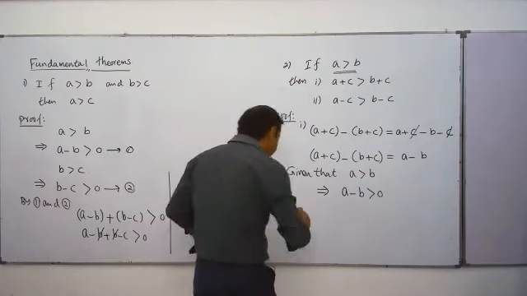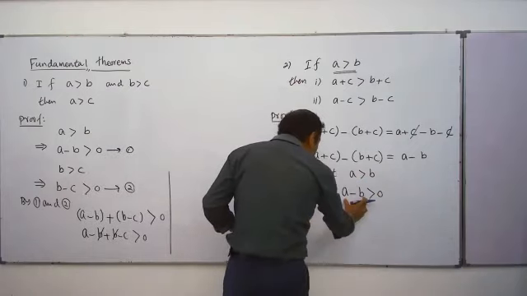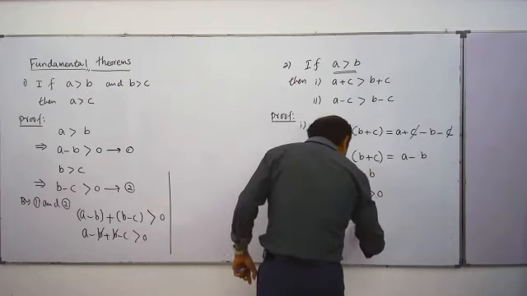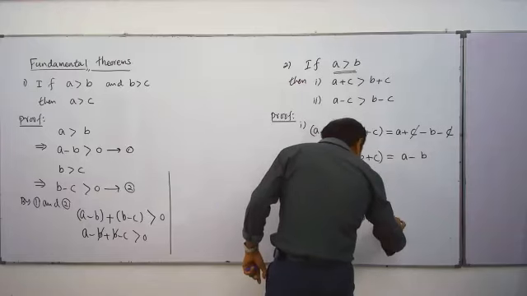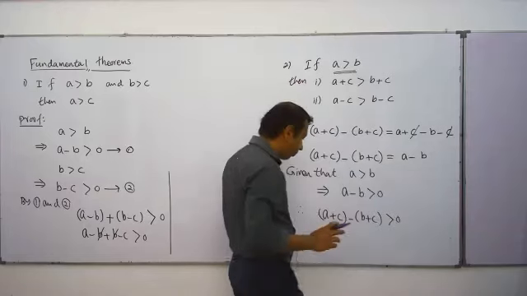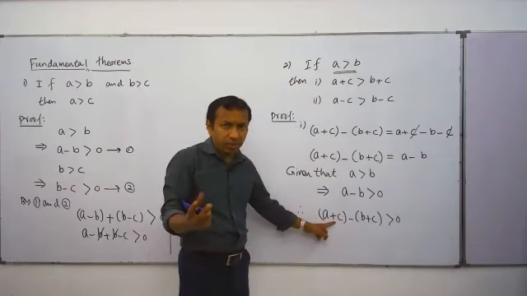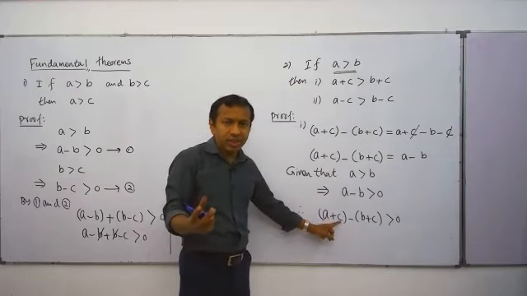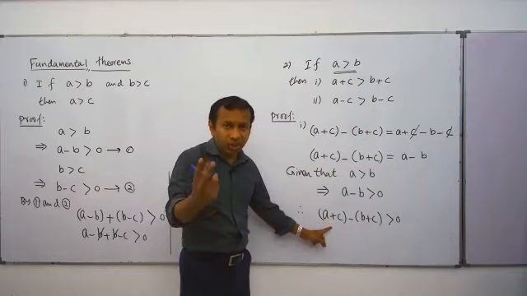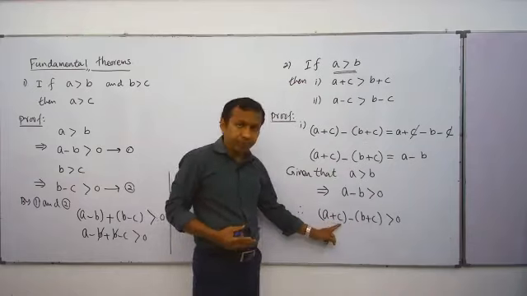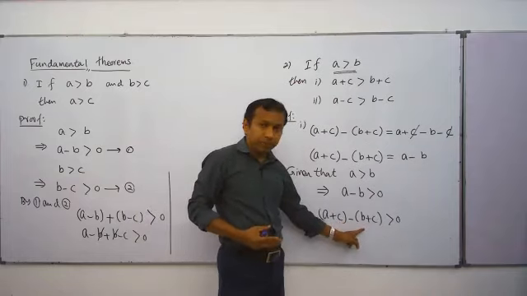Therefore, you can write, this a minus b is this: a plus c minus b plus c is positive. This a plus c is a single real number. It's like a is 10, c is 2, 10 plus 2, 12. A single real number comes for the sum a plus c. This is a real number, this is also a real number.